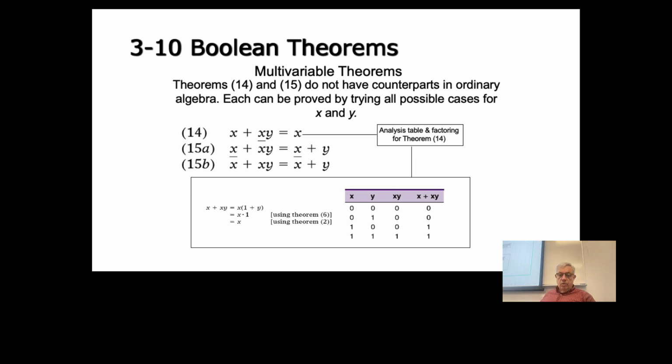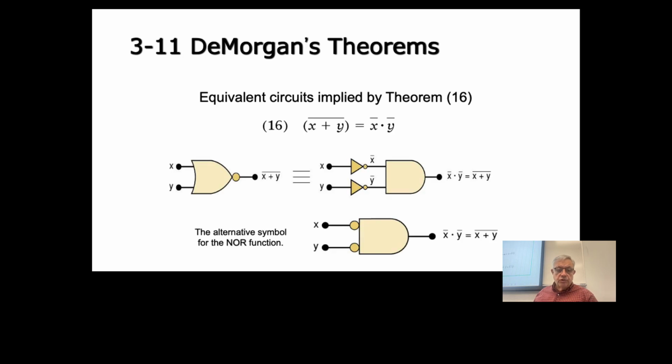Here's where it starts to get more interesting. De Morgan is counterintuitive, but we proved with truth tables that it works. It's got two forms. X or y, with a bar over it, is the same as x not and y not.